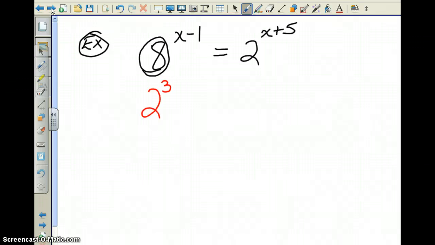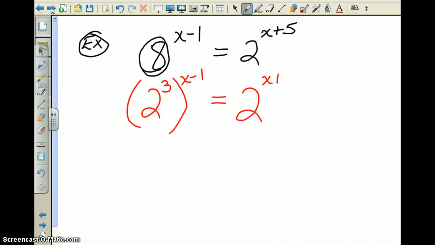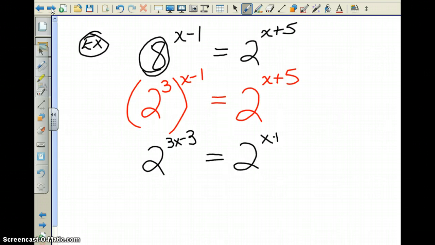And you can see the better you know your exponents, the easier this is going to be to spot how to substitute. So there's my 2's. Now over on my left, the power-to-power law, I'm going to be multiplying these exponents. So this will be 2 to the 3x minus 3, using the distributive property, is equal to 2 to the x plus 5.